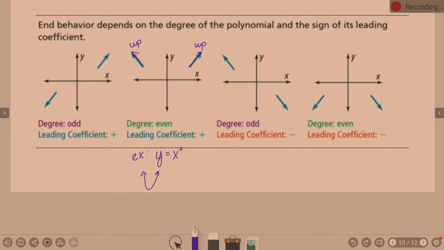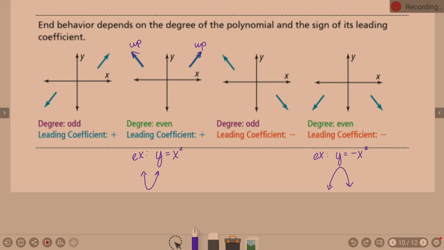Now, the opposite example. I'm going to come down here to the last one for a moment. What do you know about the graph y equals negative x squared? It points down. It's an upside down parabola. Well, the degree is still even, x squared is even, and then the leading coefficient is negative.